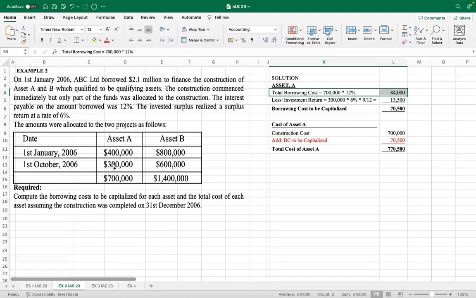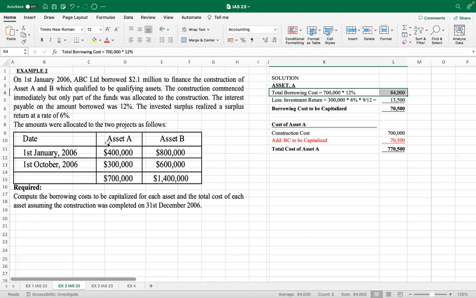And then on 1st October, we can use it. This 300,000 was only needed on 1st October. It was not needed between 1st January and 30th September. In this period you can invest it, a period of 9 months from 1st January until a day before 1st October, which is 30th September.